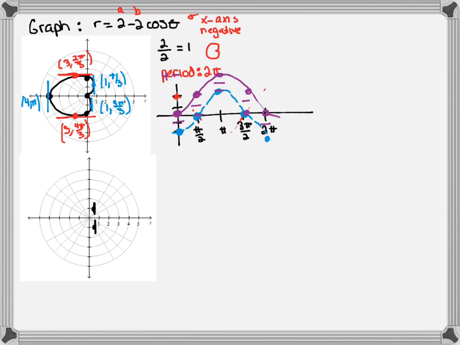At 4, pi, I'm going to have another vertical line. And then at 2 pi over 3, I'm going to have a horizontal. Okay, so that kind of shows you how you would draw the graph. So you can actually get a better graph and a better representation because you know those are going to be tangents. So that concludes today's lesson.